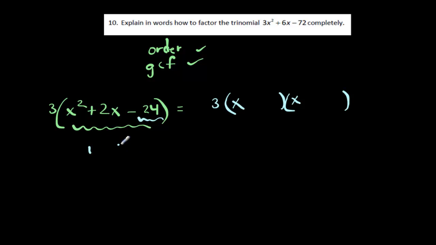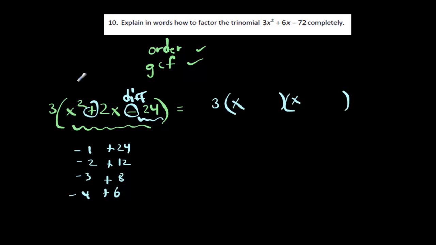So the factors of 24, the larger numbers are positive, and I know that because this says that there's different signs. The larger number is positive. So the larger numbers here are positive, the smaller numbers are negative. Which one gives me a positive 2? It would be plus 6 minus 4.